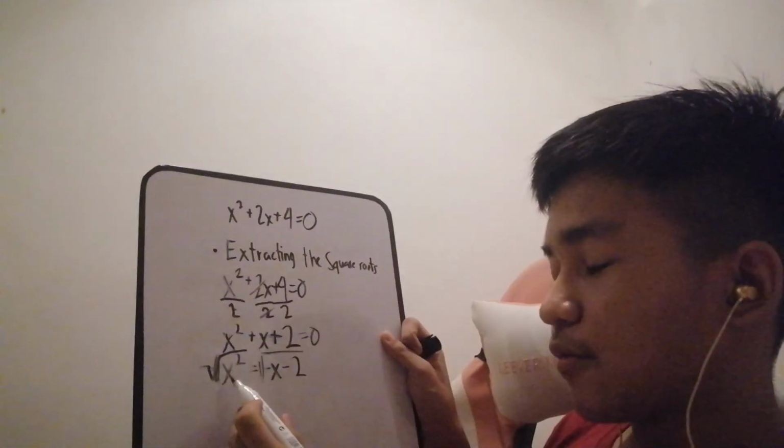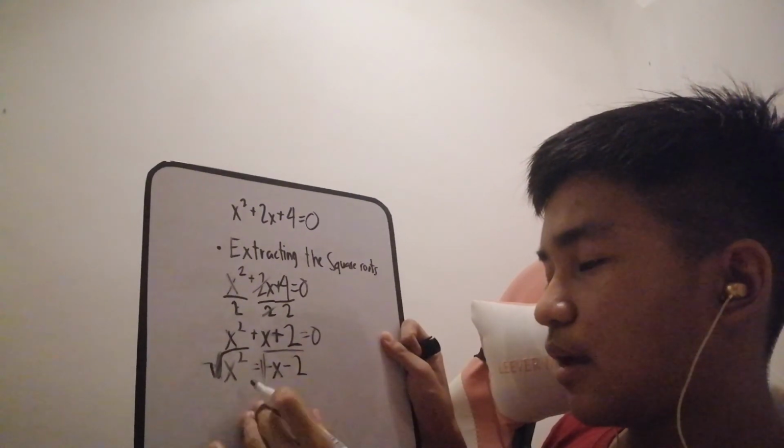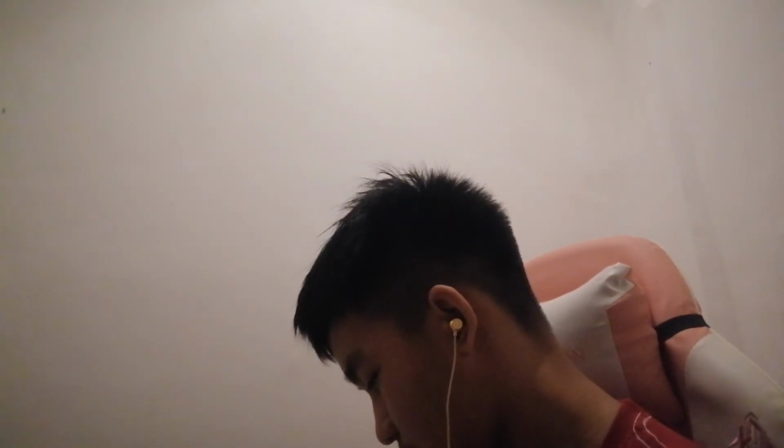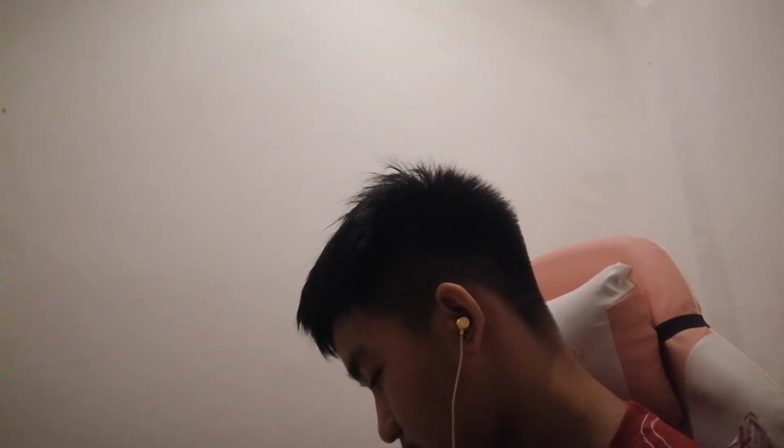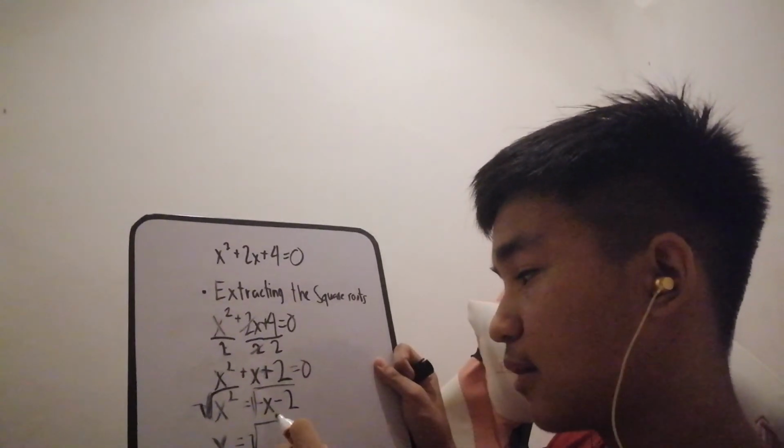The square root of x squared is x. X is equal to the square root of negative x.